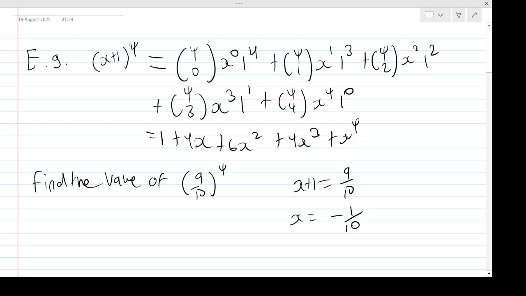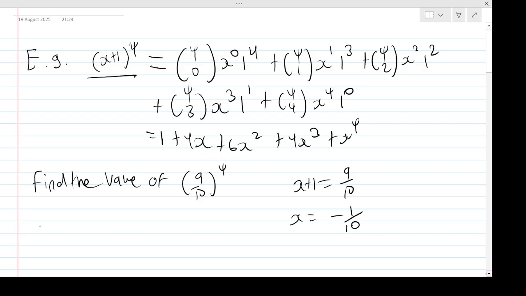I want to find a more proper way of finding the value. I can use this expansion, because if the brackets are the same, when x is minus a tenth, I can substitute that into this expansion, and that should get me (9/10) to the 4.